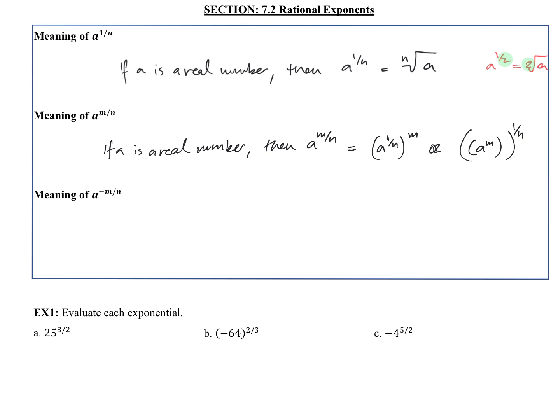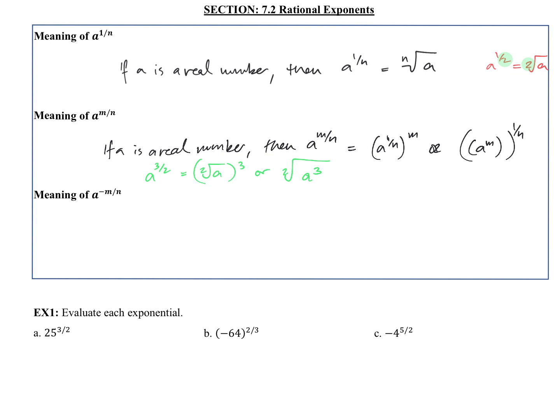An example for that would be, if we had a to the 3 over 2, that would be the square root of a to the third power, or that would be the square root of a, cubed. So either one, doesn't matter which one comes first.